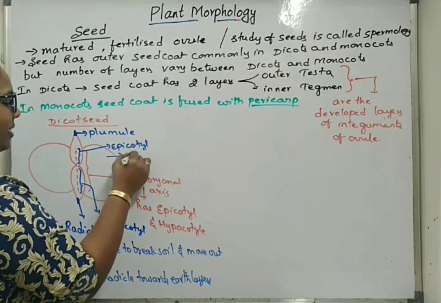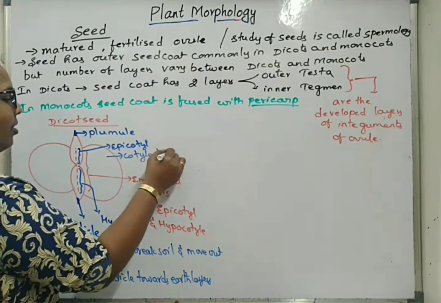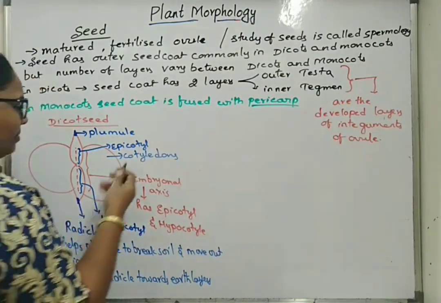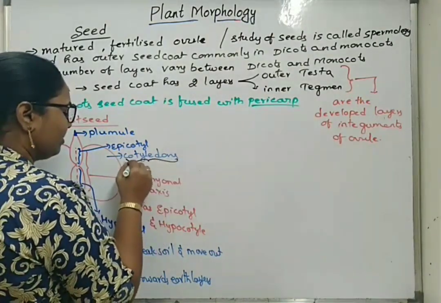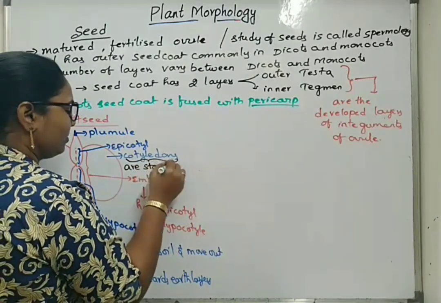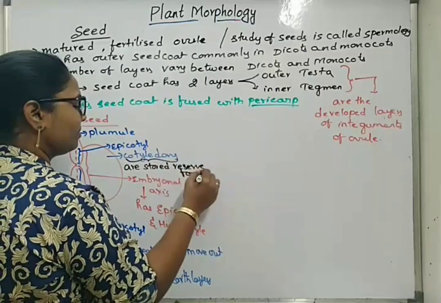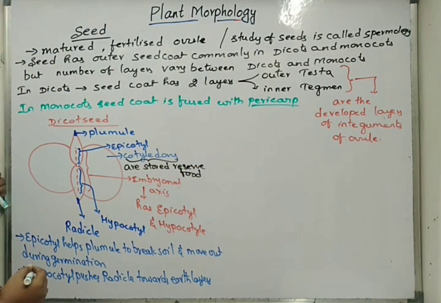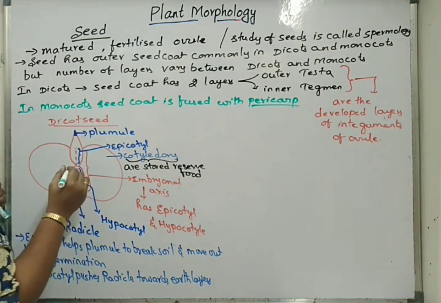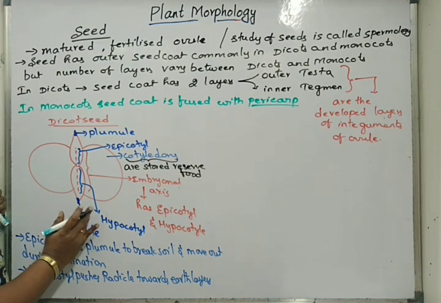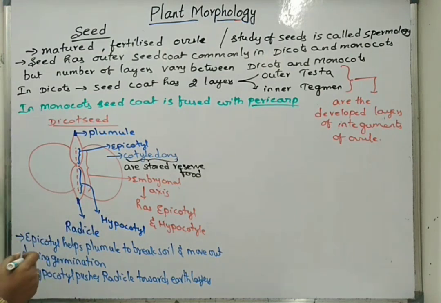These are cotyledons. Cotyledons are stored food material, stored reserve food of a seed. Now, development of this plumule will be towards the chalaza of the ovule, and hypocotyle will be towards the micropyle end of the ovule.